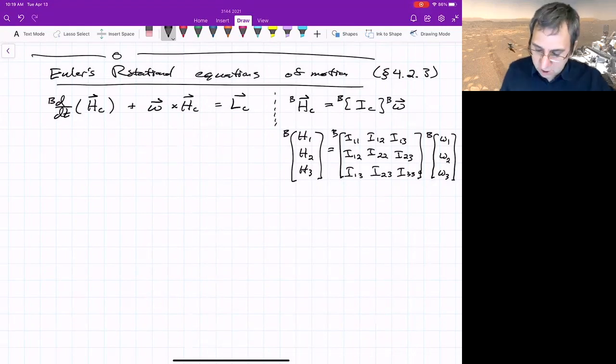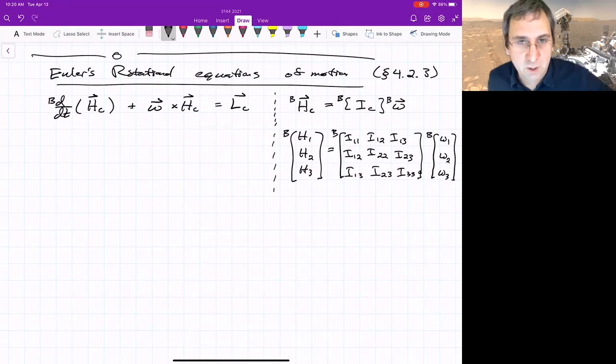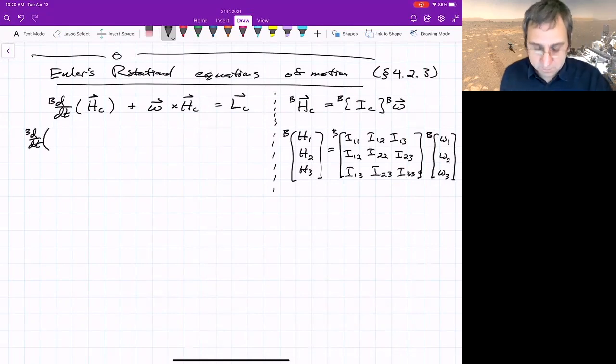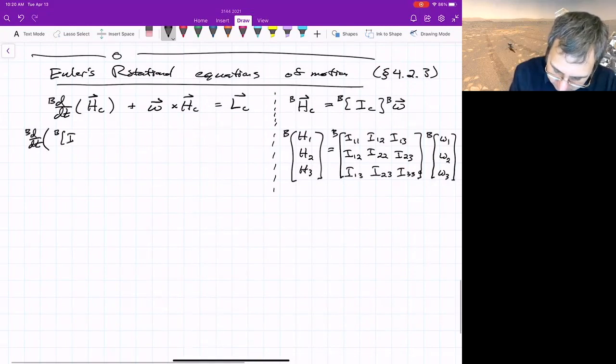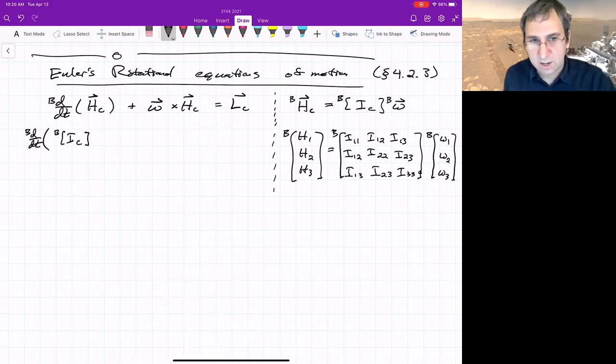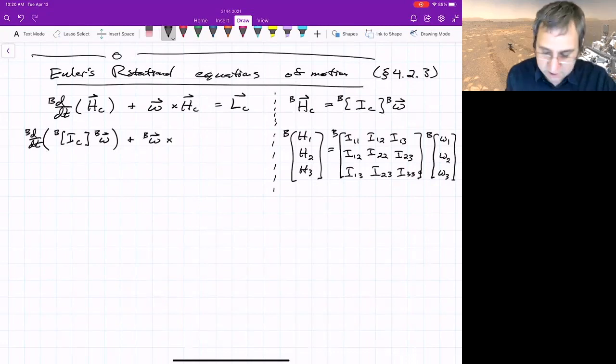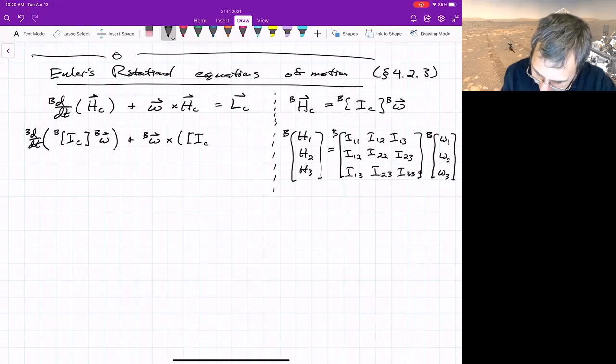If we just plug in everything, I'm not going to write it in terms of components. This becomes a derivative with respect to the B frame of this 3x3 matrix written in the B frame times omega written in the B frame, plus omega cross, and now we substitute in again I_C times omega, and then this equals L_C.